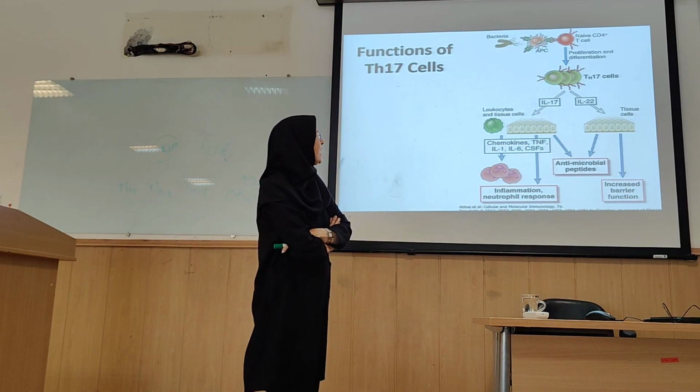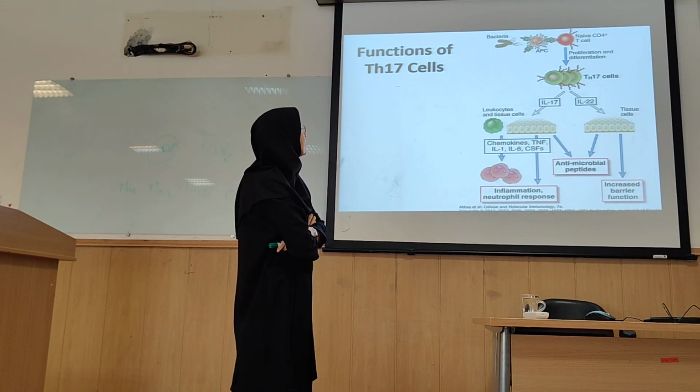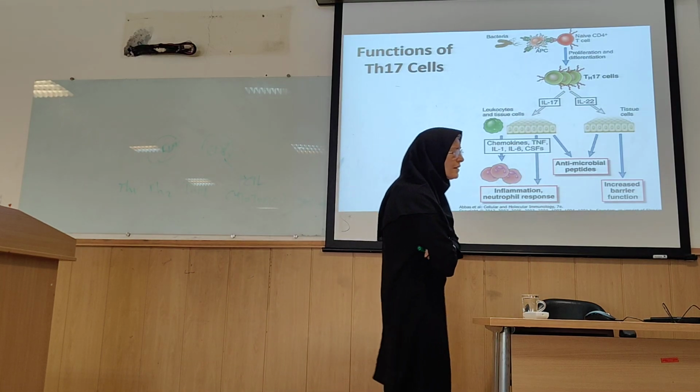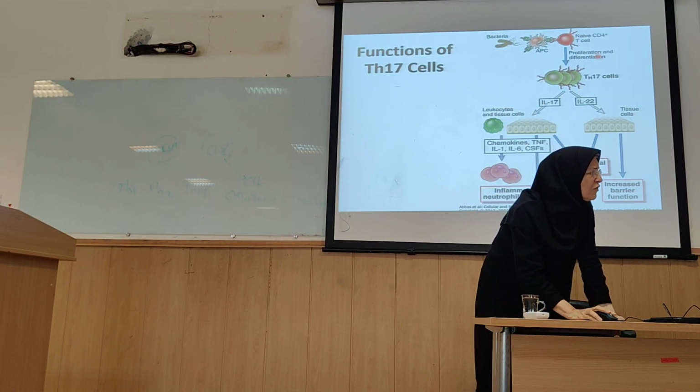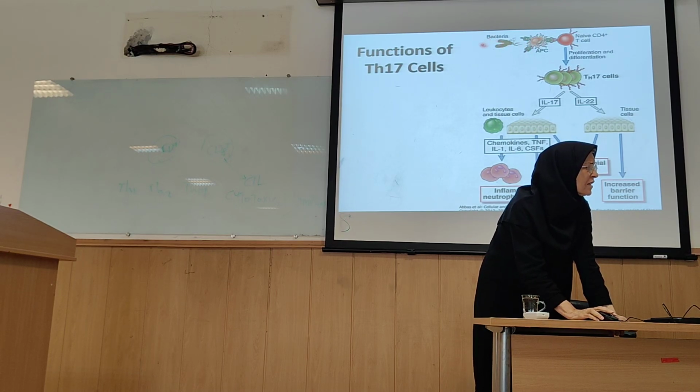Functions of T helper 17 cells. Again here, naive CD4 positive T cells recognize extracellular antigens, as you see here, such as bacteria or fungi, and proliferate, and then produce cytokines IL-17 and IL-22.